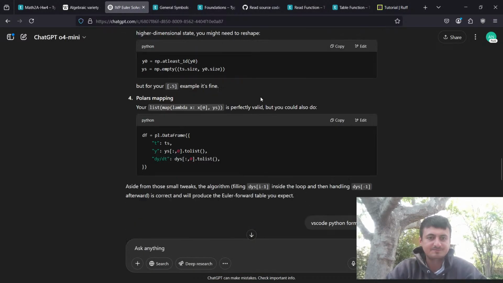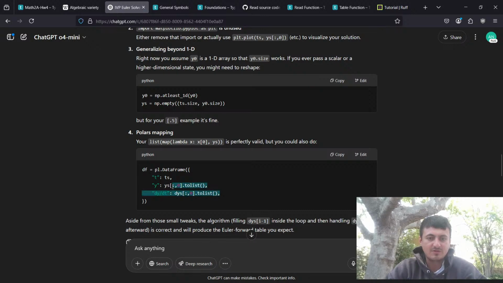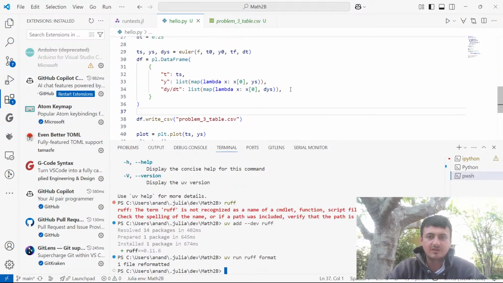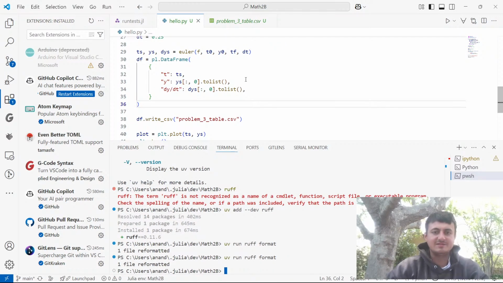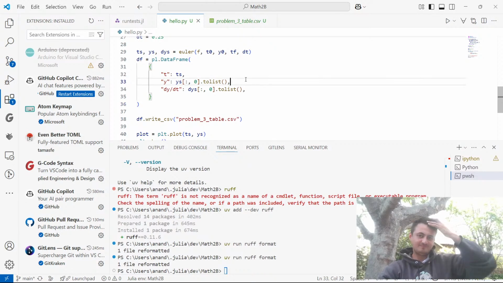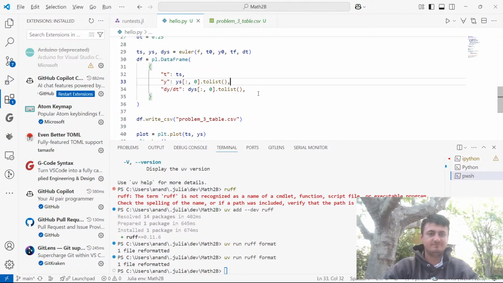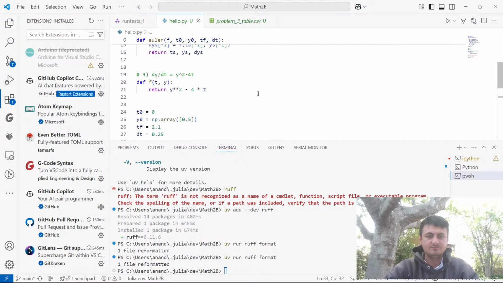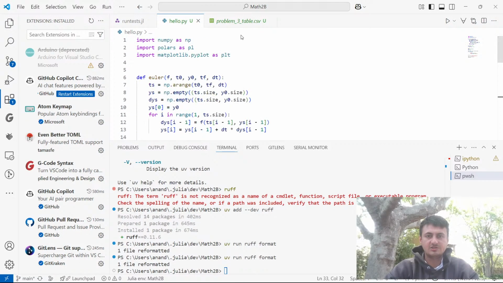Okay. This is what I wanted. Because I knew that this freaking lambda was stupid. Nice. All right, so let's just run the thing again.